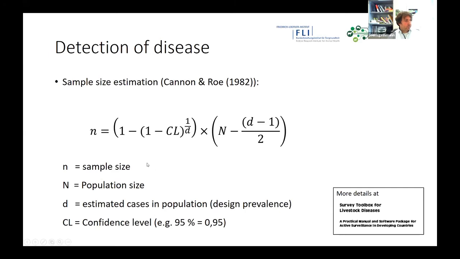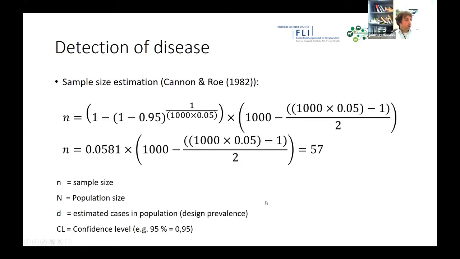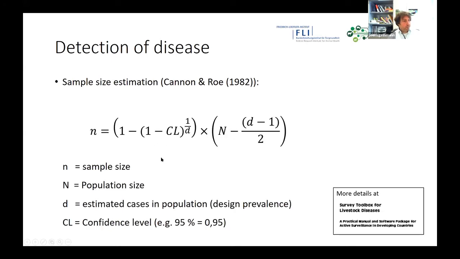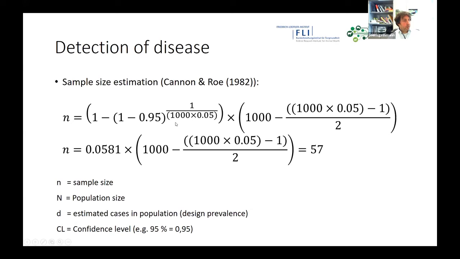And then we can do it for our population. We have 1,000 elements multiplied with 0.05, so we have a prevalence of 5% in our population.